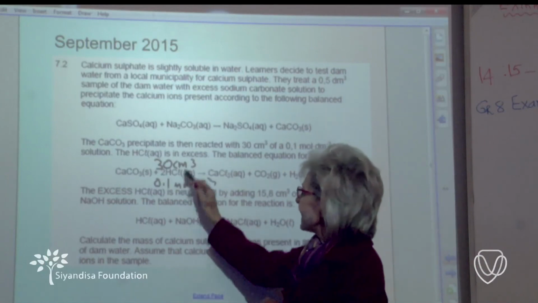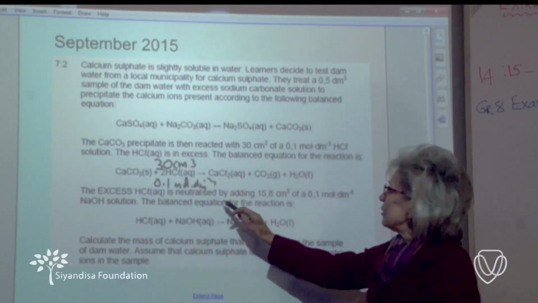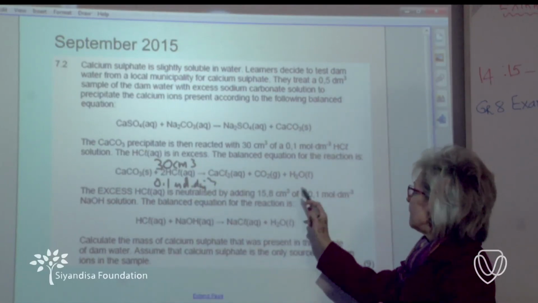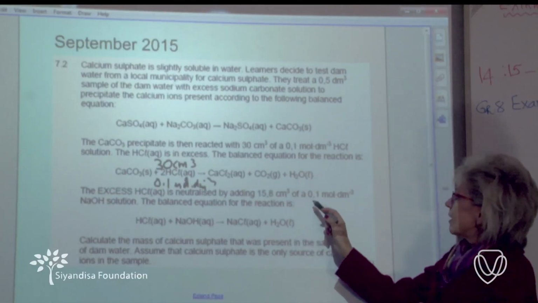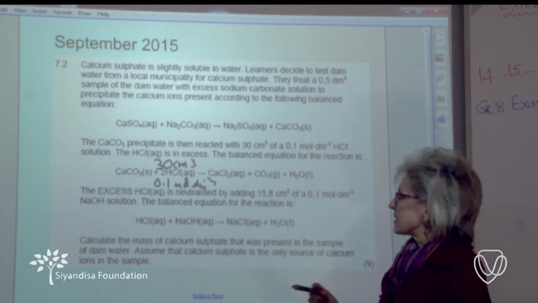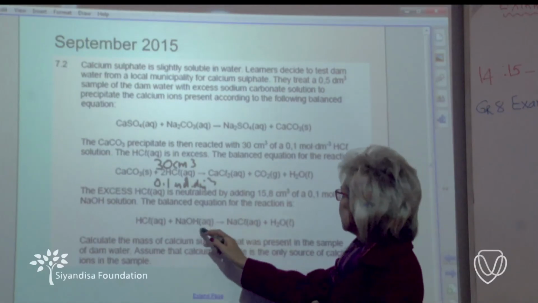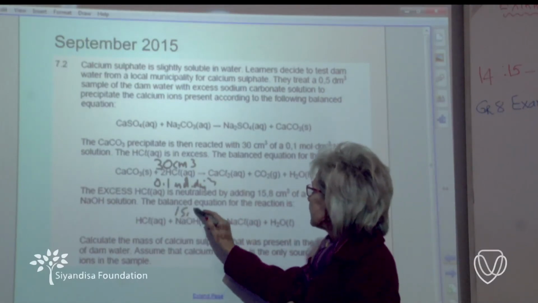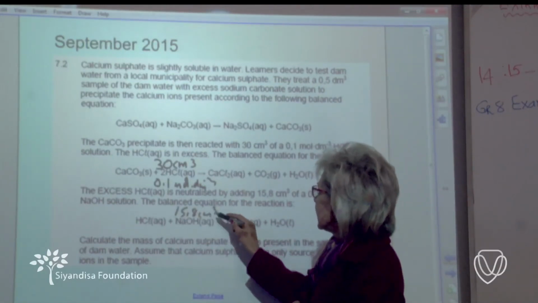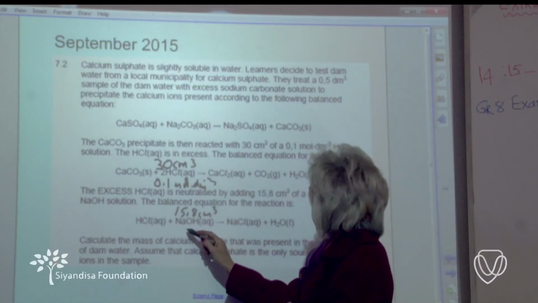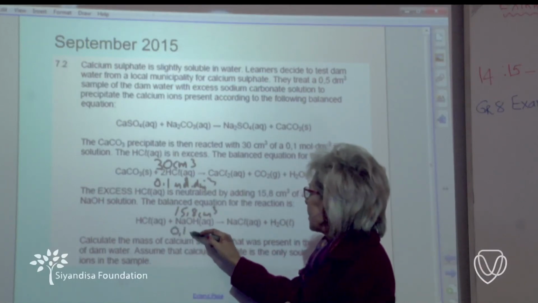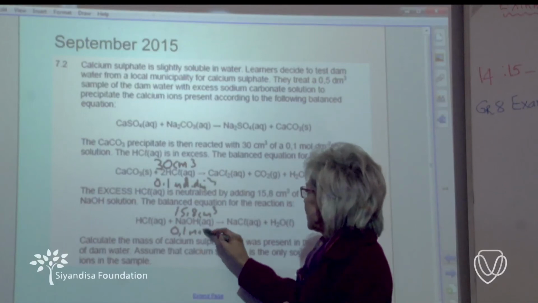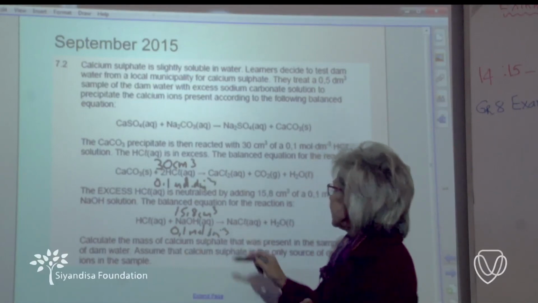Now the excess, that's the leftover, is neutralized by adding 15.8 cubic centimeter of a 0.1 mole per cubic decimeter sodium hydroxide solution. So for the sodium hydroxide, I know I've used 15.8 cubic centimeter, and the concentration here is 0.1 mole per cubic decimeter.